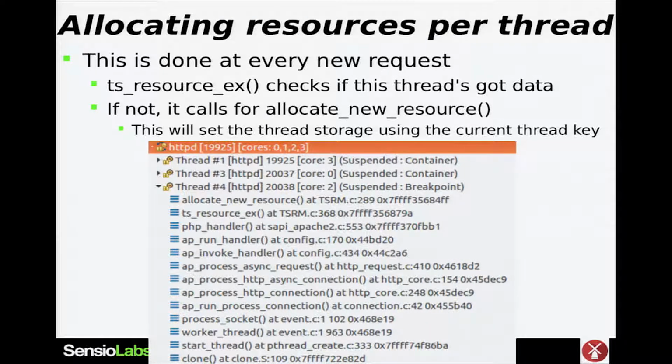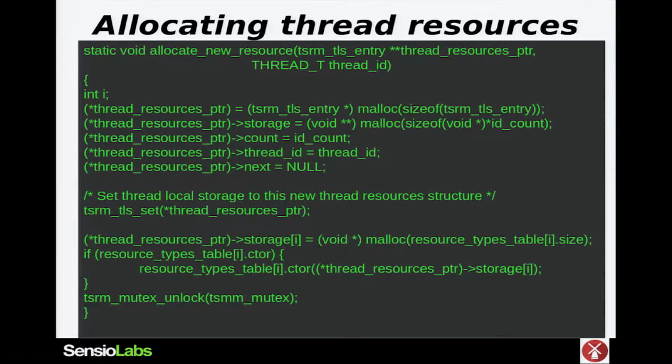Oh, go to ts_resource_ex. So every time a new thread is popped, a special PHP function is called internally, which is called ts_resource_ex, and if it does not find resources, it's going to call allocate_new_resource. This is what I told you before.